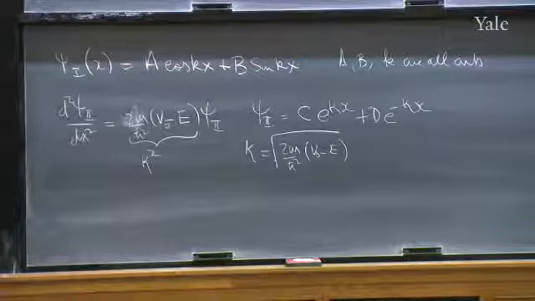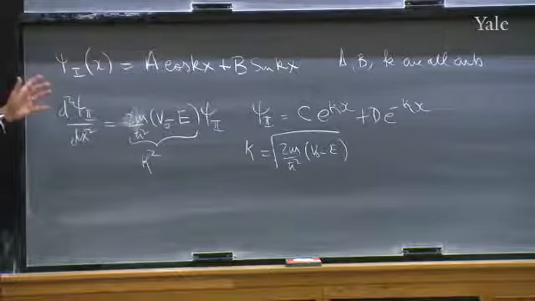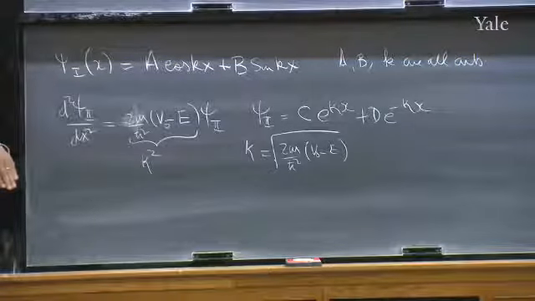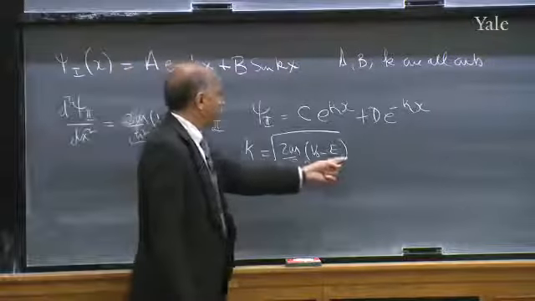So these are now real exponentials and not imaginary exponentials. The reason that used to be sines and cosines, or imaginary exponentials, is that inside the well, E minus V is a positive number. Outside the well, I'm assuming that E minus V is a negative number.